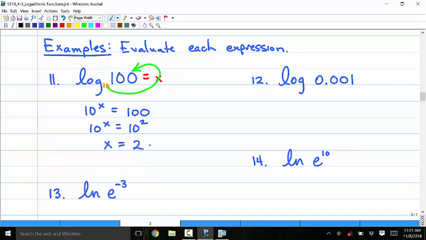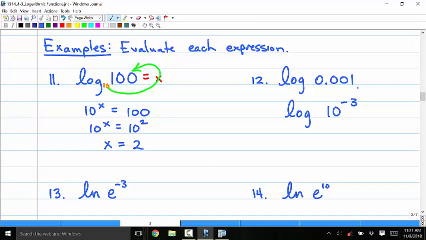Okay, number 12. Log of 0.001. That's log of 10 to what power? -3. How did I know that so quick? I need to move the decimal over 3 to the left, so that's -3.